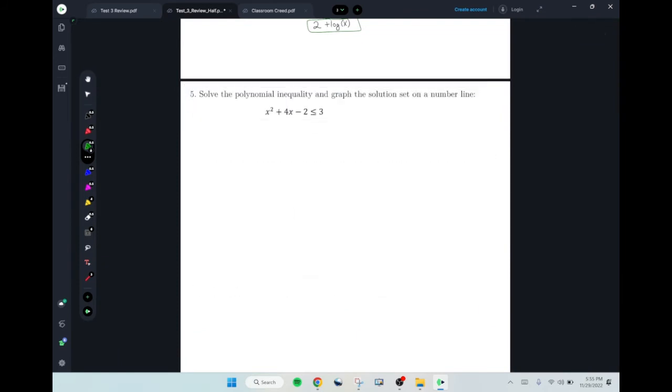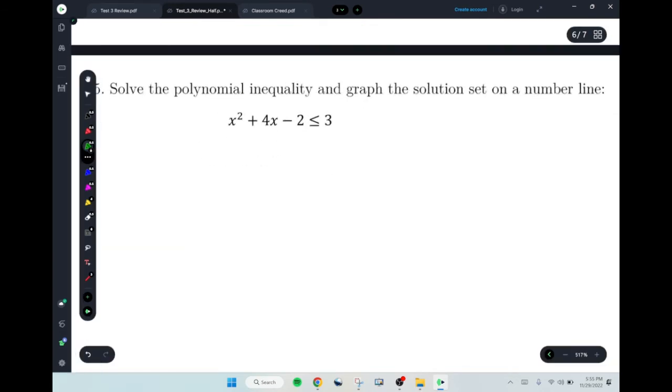Solve the inequality and graph the solution set on a number line, not on a graph. We'll technically do it like, move the 3 over, then factor it.